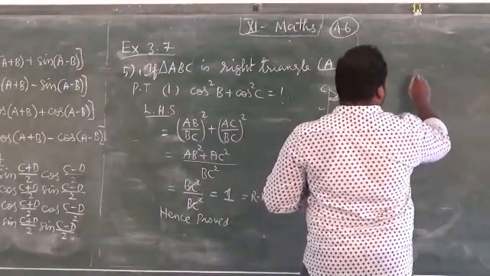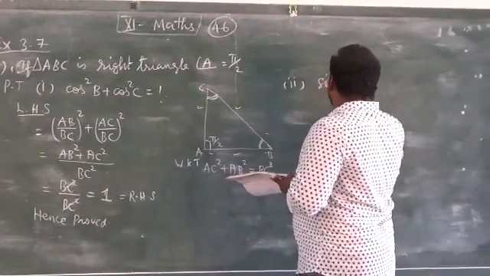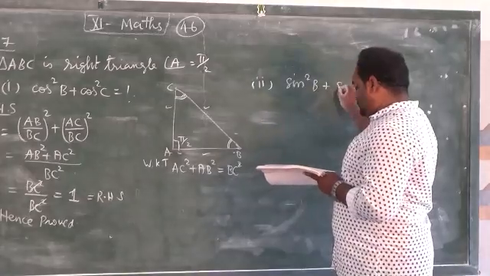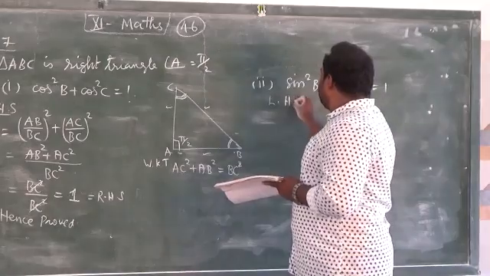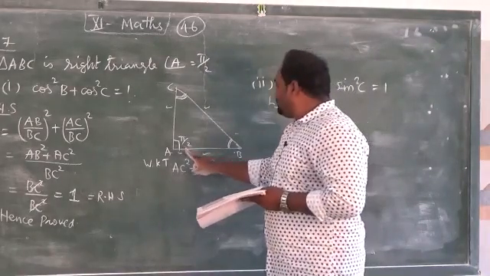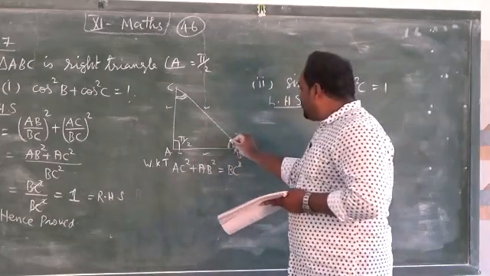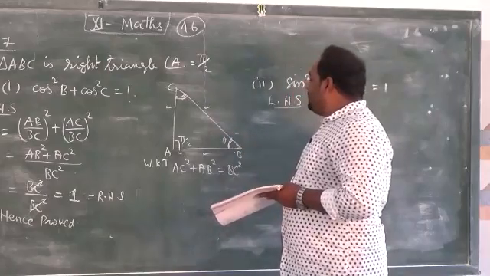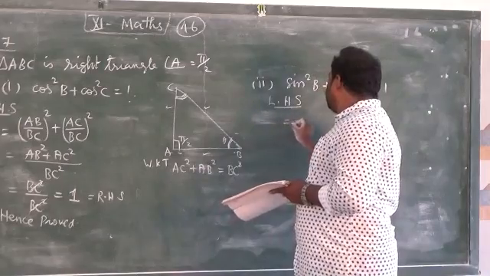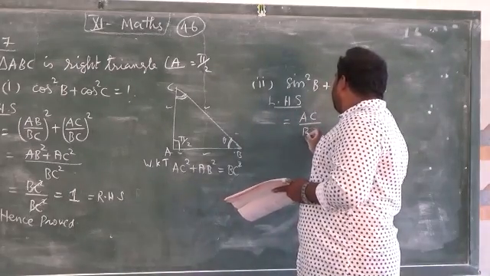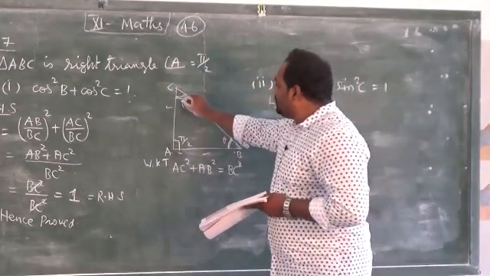The second question is sin square B plus sin square C. Same like last problem. LHS side, A as 90 degree. Here sin square B. If you take B as theta, what is sin? Sin is opposite by hypotenuse. So it is AC by BC whole square plus C as theta.